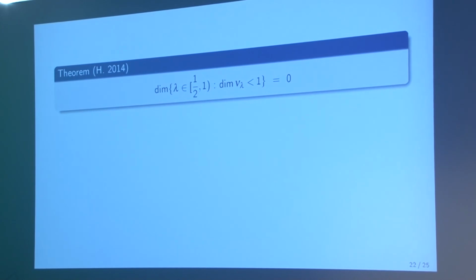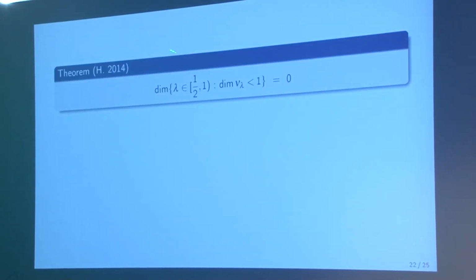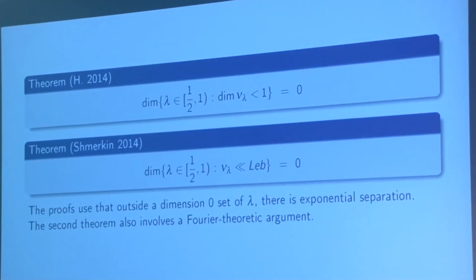Okay, so using these methods which I outlined before, there's been a lot of progress recently. To begin with, a fairly simple application of the main theorem which I stated shows that the set of parameters for which nu lambda has dimension less than 1 has dimension 0. So not only will almost every parameter give you dimension 1, but in fact the exceptional ones have dimension 0.